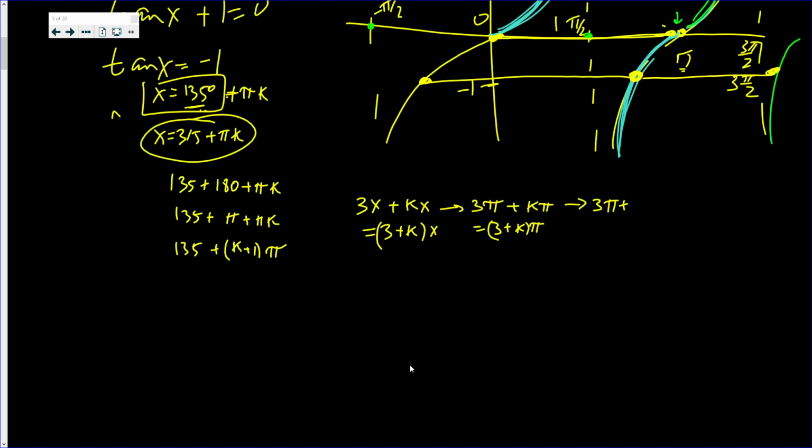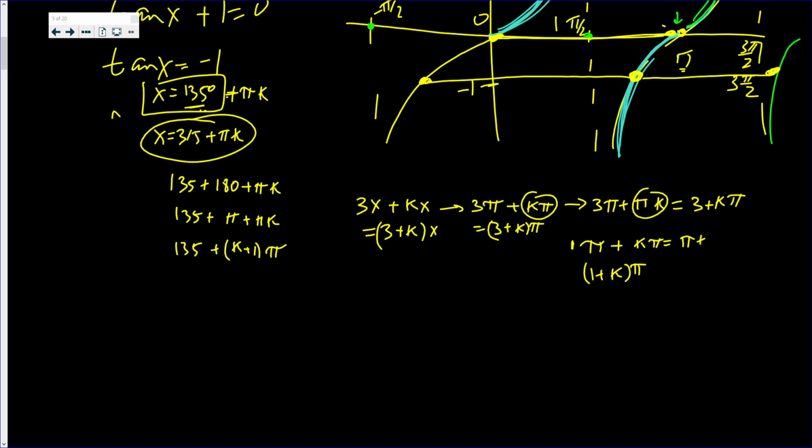Even if I have pi times k, these two are equal. It is still 3 plus k pi. So if I just have 1 pi and I add k more pi, it is an understood 1 there. I have 1 plus k pi.